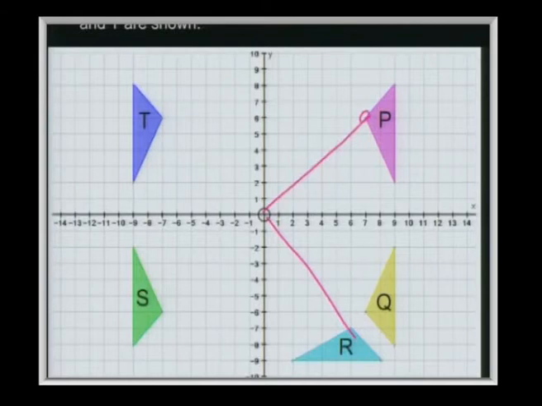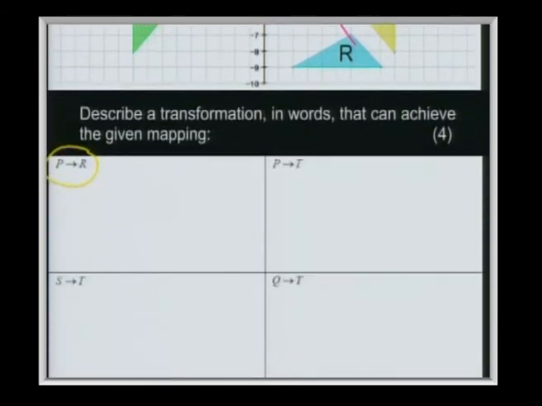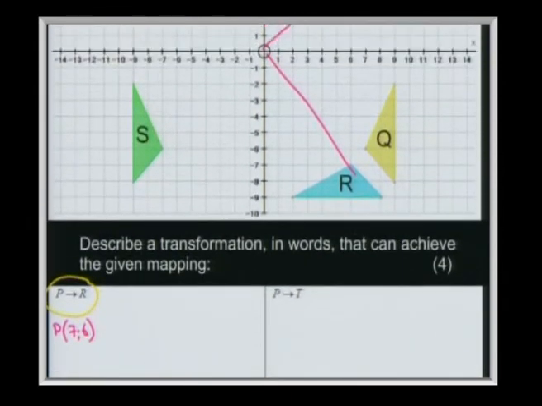I'm going to write down a couple of the points and double check. The point P is the point 7, 6. And that goes down to a similar point, 6, negative 7.